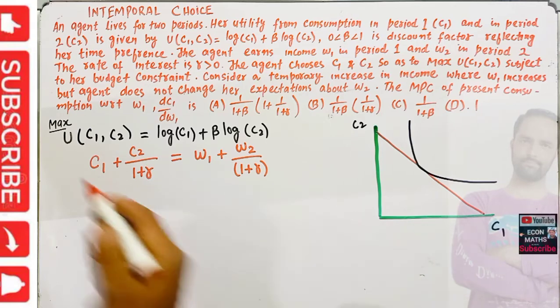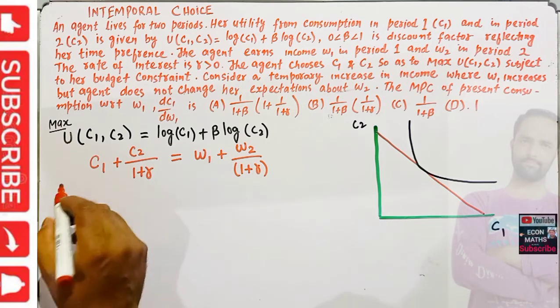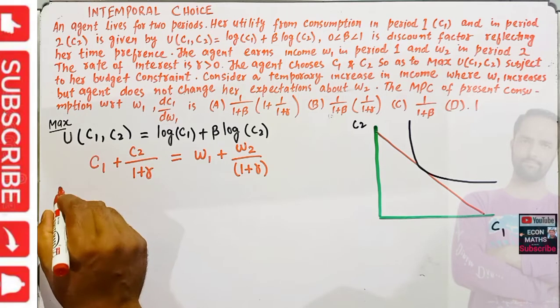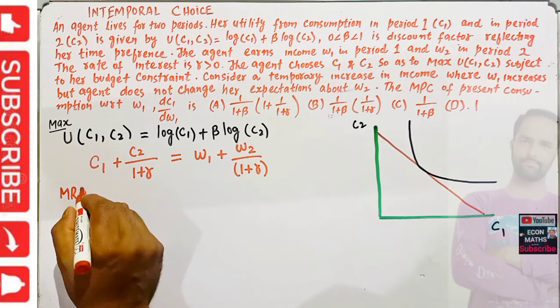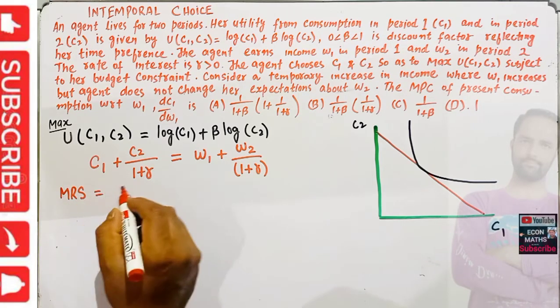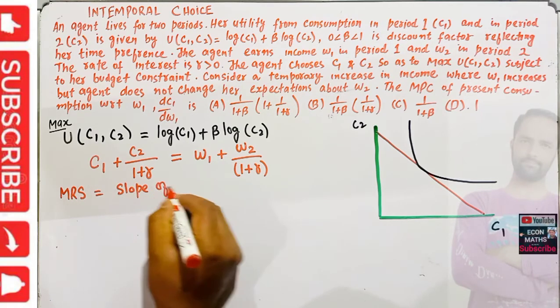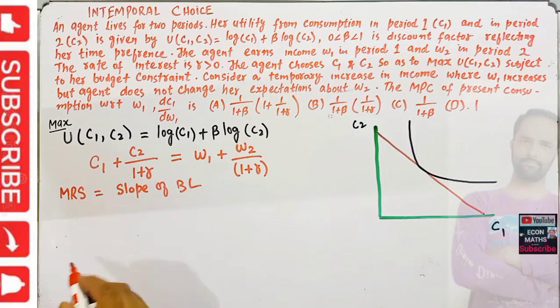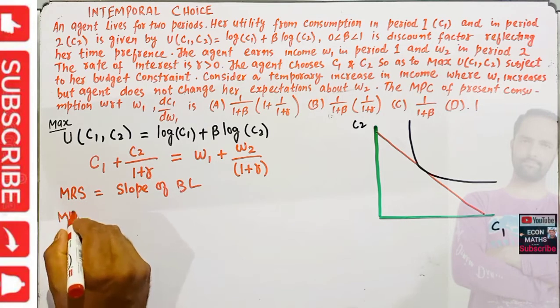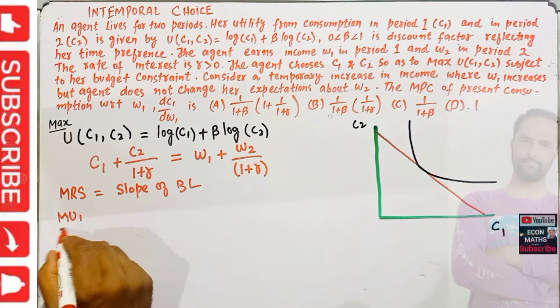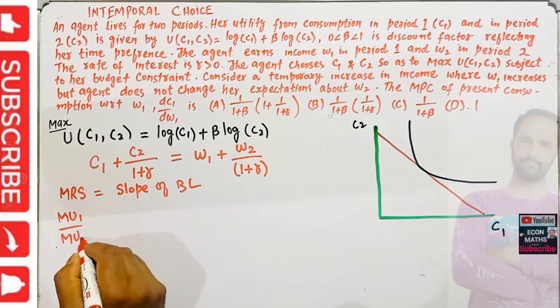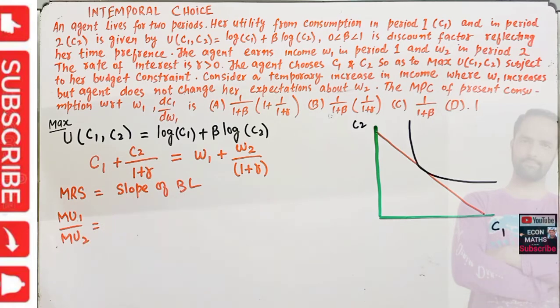So what is the slope of the utility function? The slope of the utility function means our marginal rate of substitution, MRS, which is marginal utility in period 1 upon marginal utility in period 2, should be equal to the slope of the budget line.